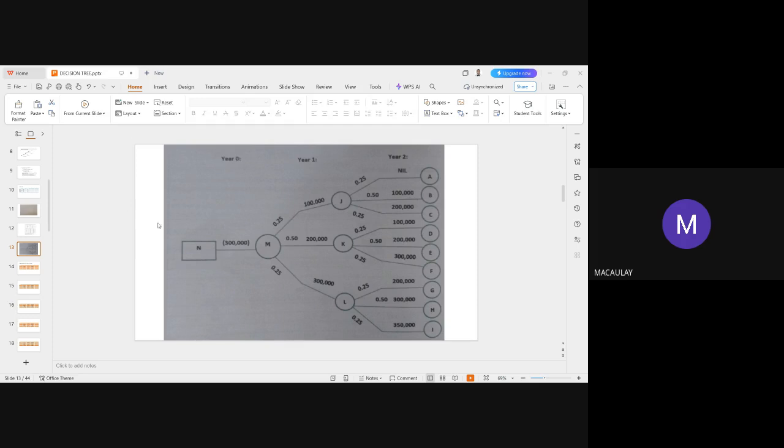This 300 results in an inflow of how much? 100 in year 1. Year 1 leads to year 2 with corresponding inflow of nil. Bringing all these variables into your table, you have outflow of 300, inflow of 100 with a discount factor of 10%. What will be your present value?